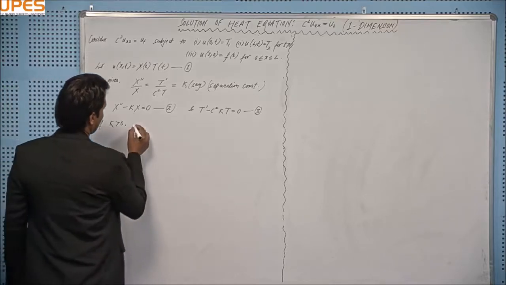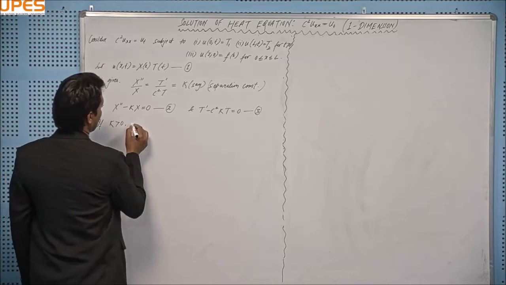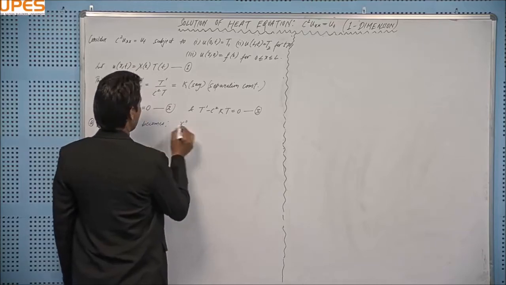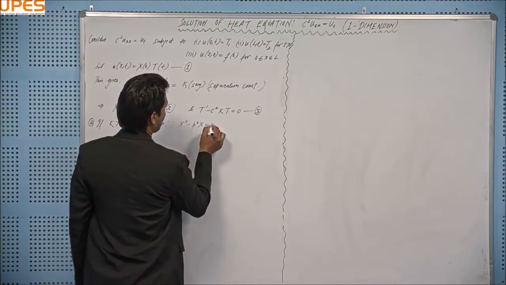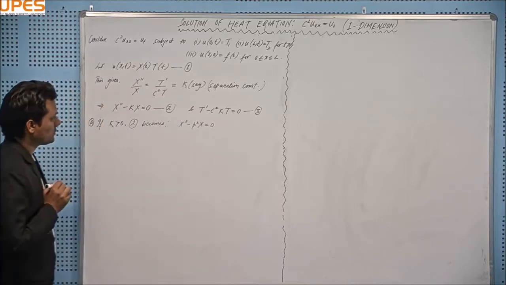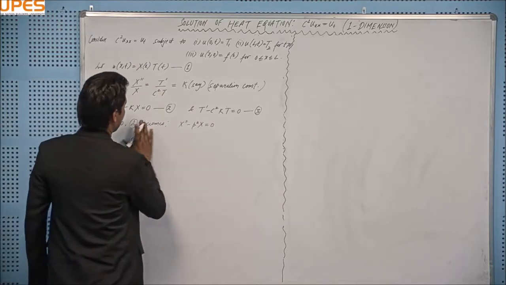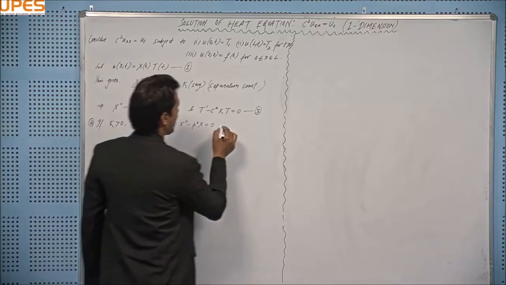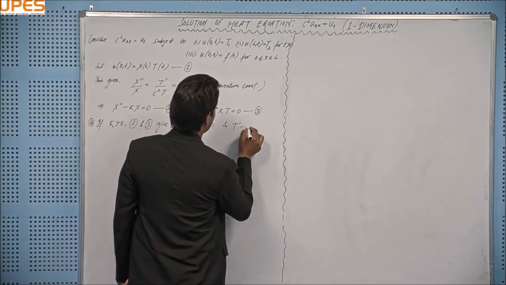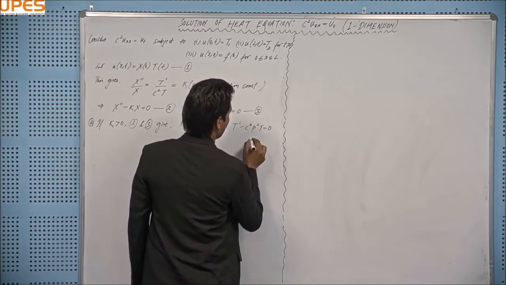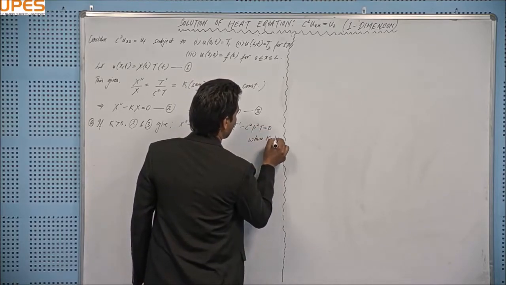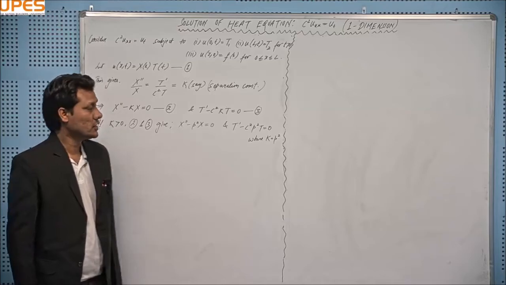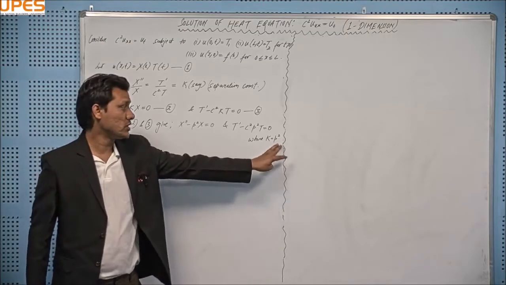Then the differential equations become: second, X double dash minus p square X equal to 0, and third, T dash minus c square p square T equal to 0, where I have assumed that k is equal to p square, and p is obviously a non-zero real number, because if p is equal to 0, then k will go to 0.